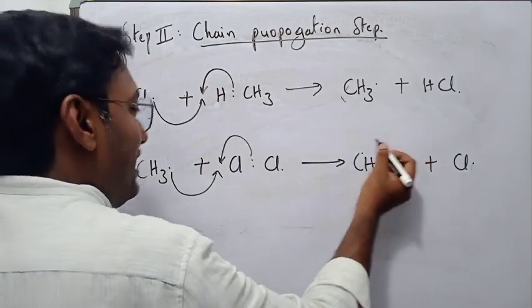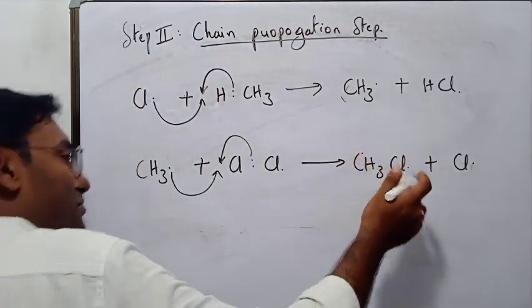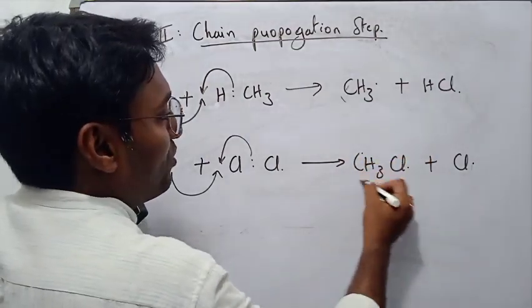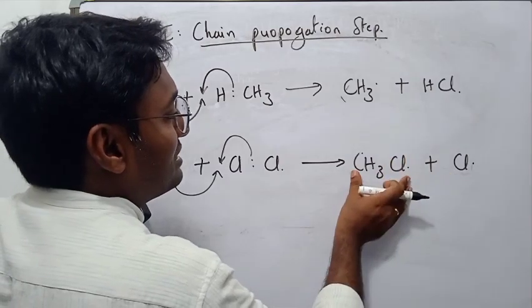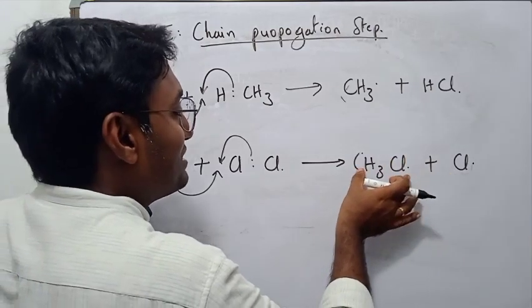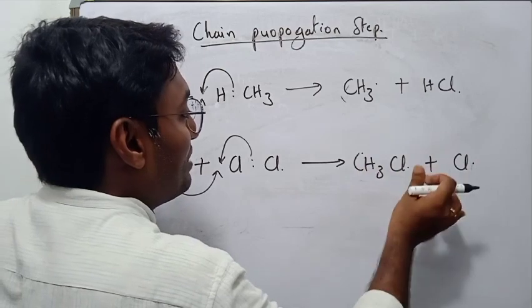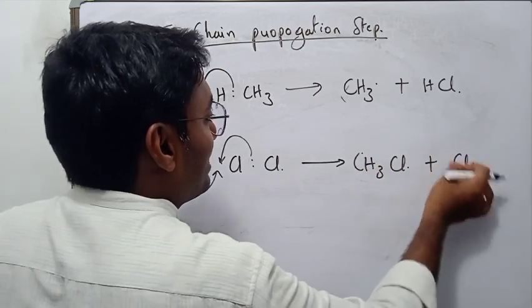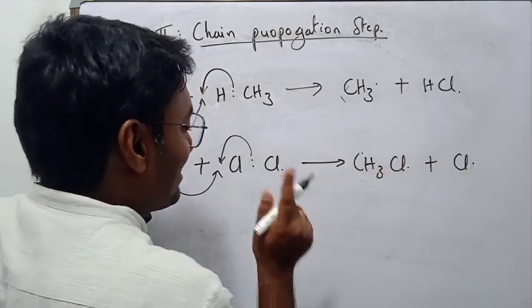Okay, and this continues till the time when the concentration of this monochloromethane becomes high. When its concentration becomes high, the probability would be that this chlorine free radical would react with this. Am I right?